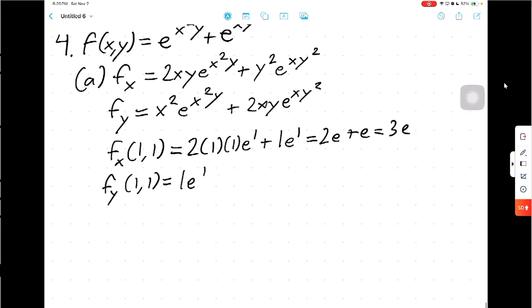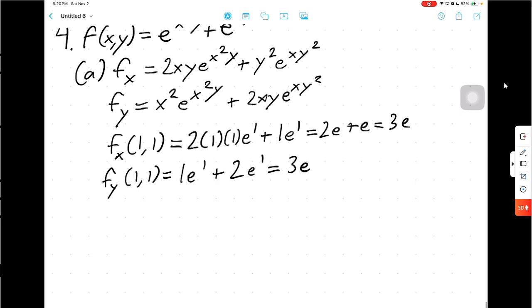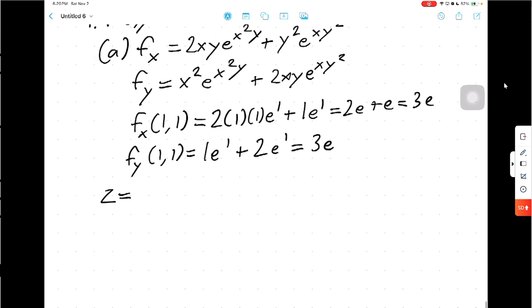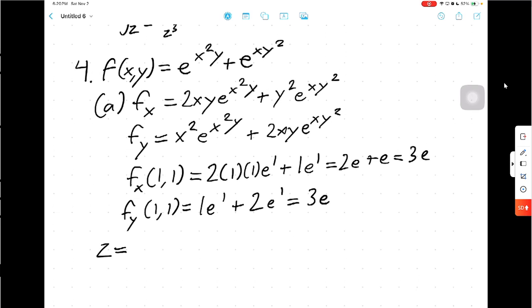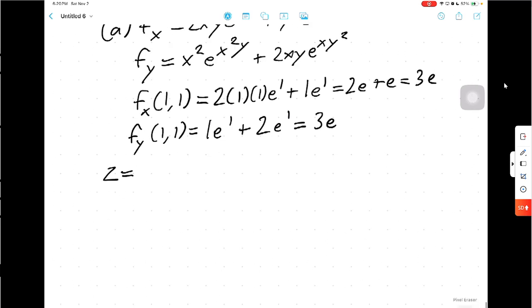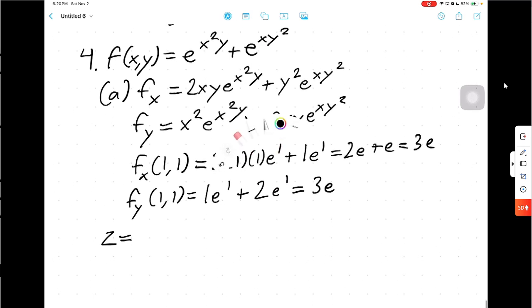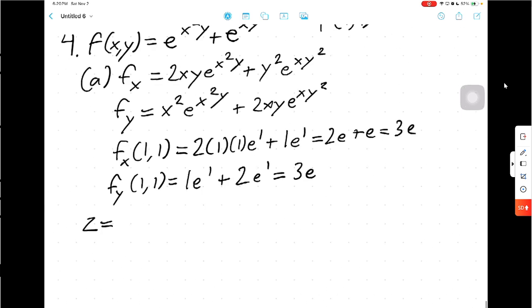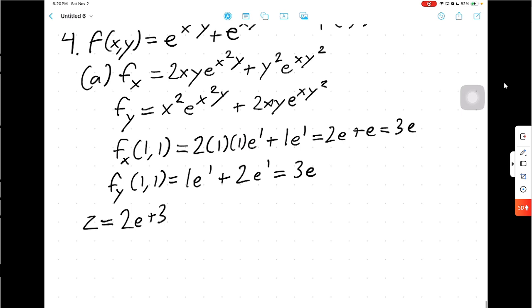And in here you get the 1e to the 1, and then 2e to the 1, which is just another 3e. So our tangent plane is z is equal to, well, we have to calculate f at 1, 1, which is equal to e to the 1 plus e to the 1. This is 2e. 2e plus 3e times x minus 1 plus 3e times y minus 1.